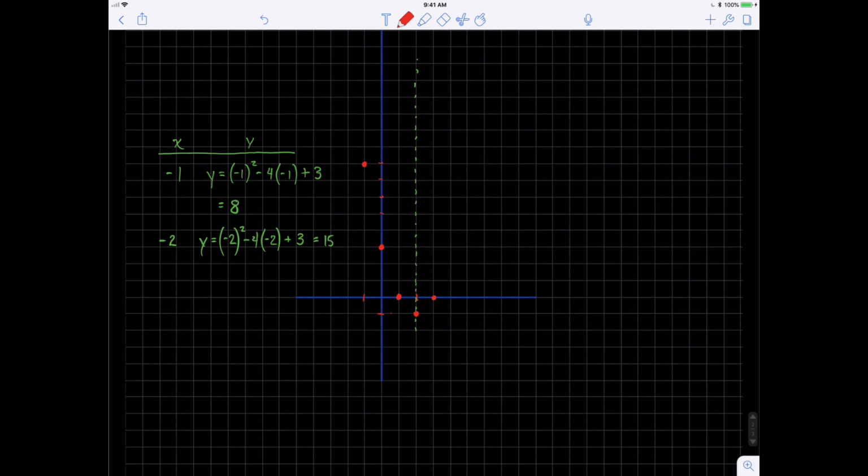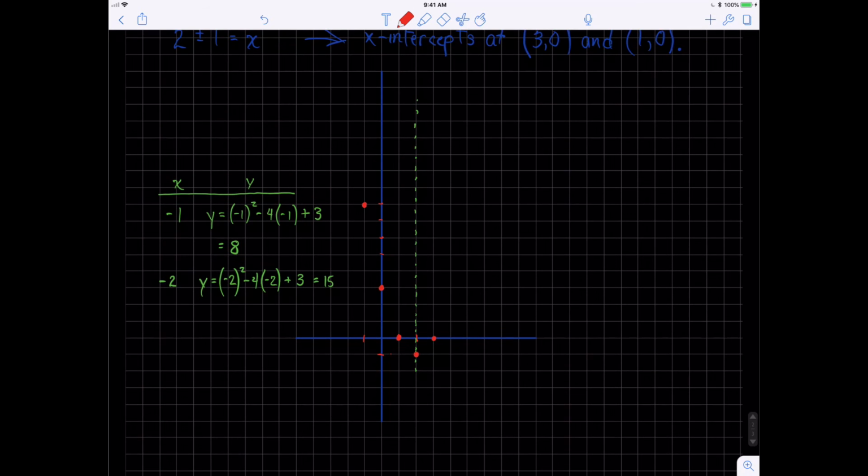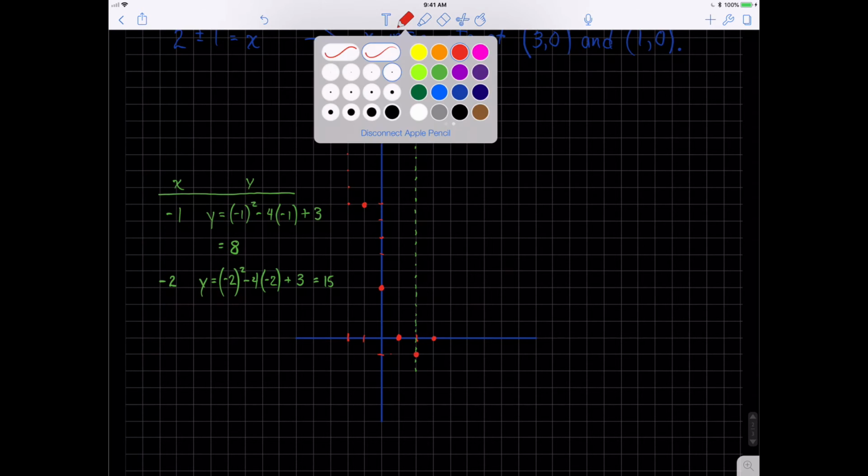Wow. Now let's graph the point (-2, 15). That's a big one. Here's -2, and here's 8, 9, 10, 11, 12, 13, 14, 15. I have to admit, that was luck that I made it just the right size graph. But when you have it, you got to enjoy it.